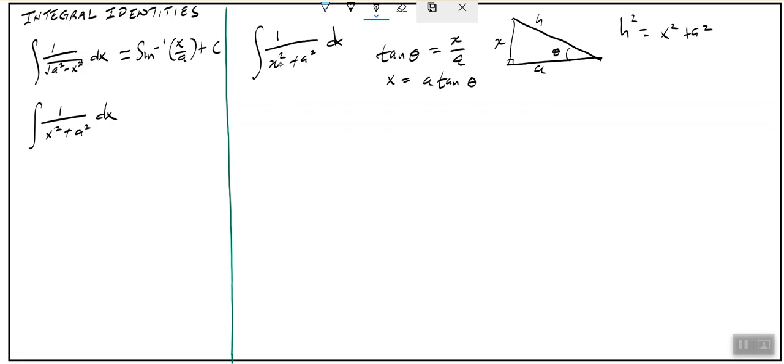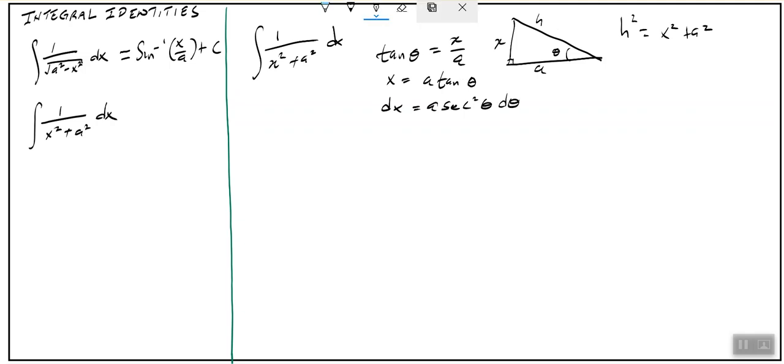Now, we will replace x with a tan theta and we need to find dx. By differentiating both sides, we have a secant squared theta d theta, because the derivative of tan theta is secant squared theta.